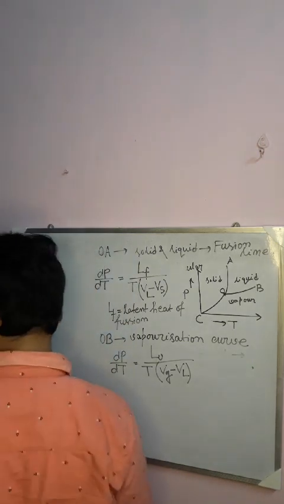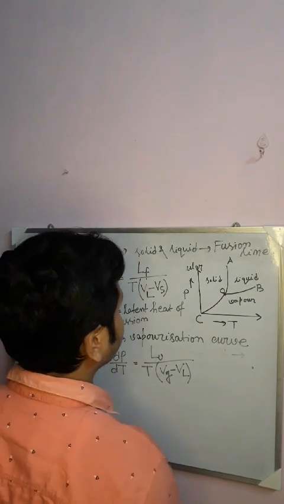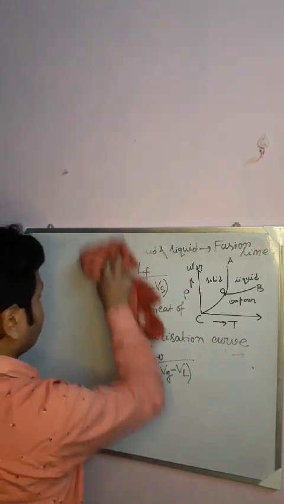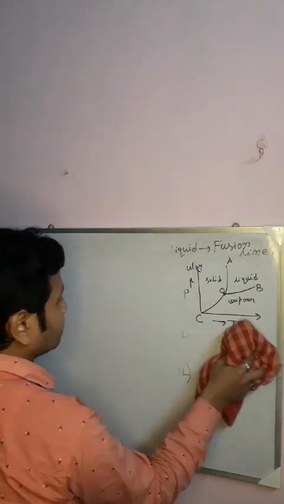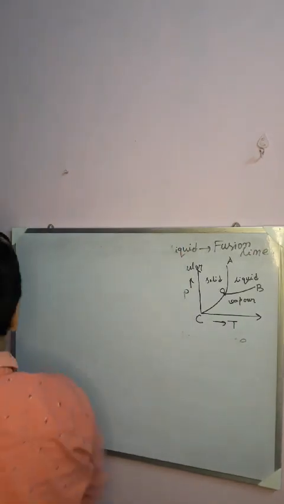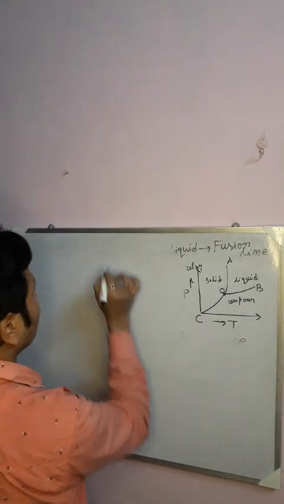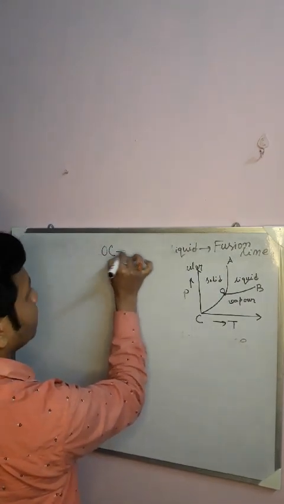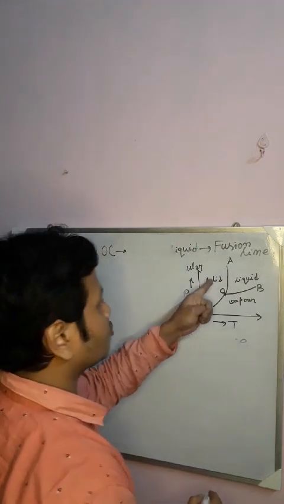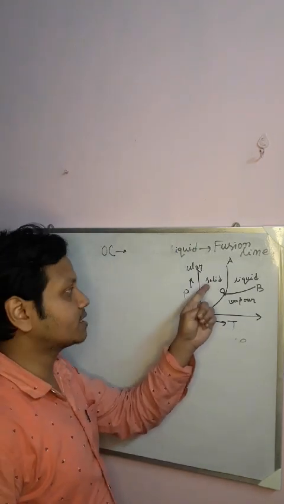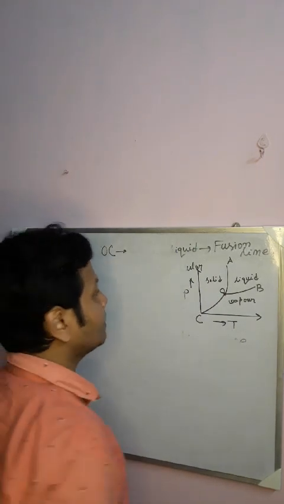Now if you consider the last line OC, then what would happen in this case? Clearly you can see that in this portion the matter exists in solid state, and in this portion it exists in vapor state.